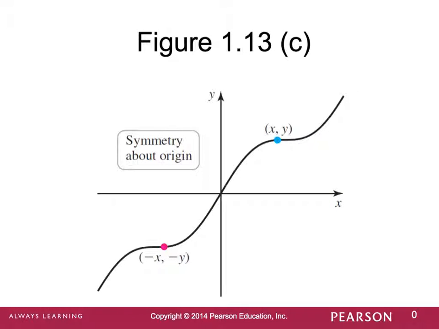The last one is symmetry about the origin, and this one's a little different in that when you have some value x comma y, we find the same value of negative x, negative y. And so if we have the point 3, 2 over here, the point of negative 3, negative 2 is also going to exist in the third quadrant.